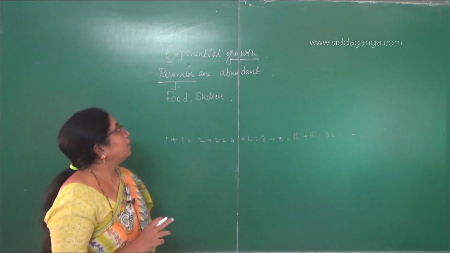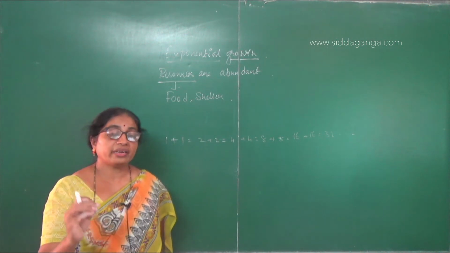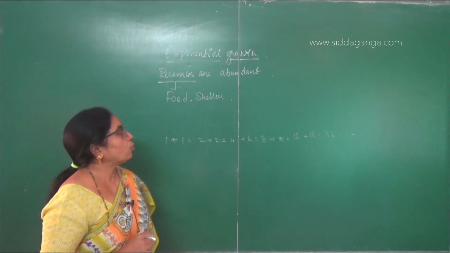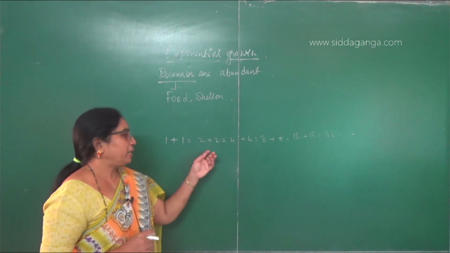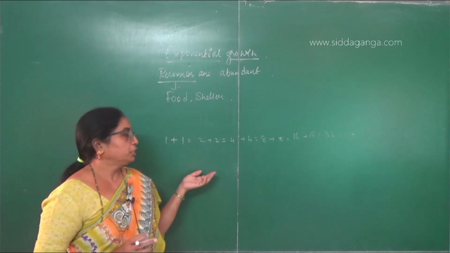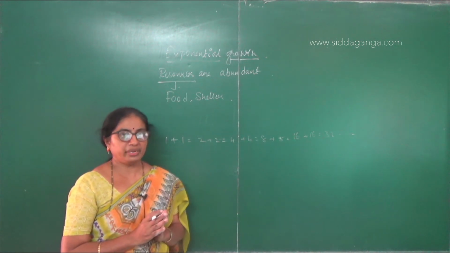And this exponential growth can be calculated with the help of per capita birth rate and per capita death rate. So how can you calculate? A simple illustration has been given in your textbook with the help of a small story: there is a bet between the king and the minister.